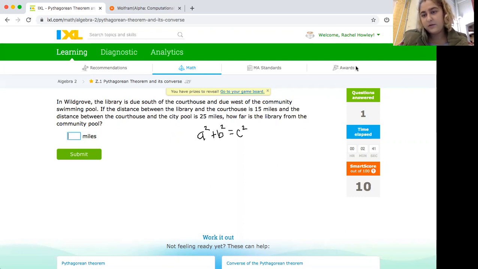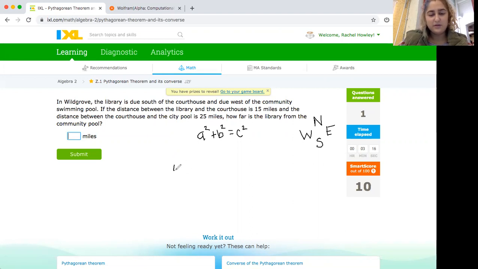Okay, so first thing I'm going to do, we don't know our north, south, east, west. We're going to draw a little compass. If the distance between the library and the courthouse is 15 miles and the distance between the courthouse and the city pool is 25 miles, how far is the library from the community pool?